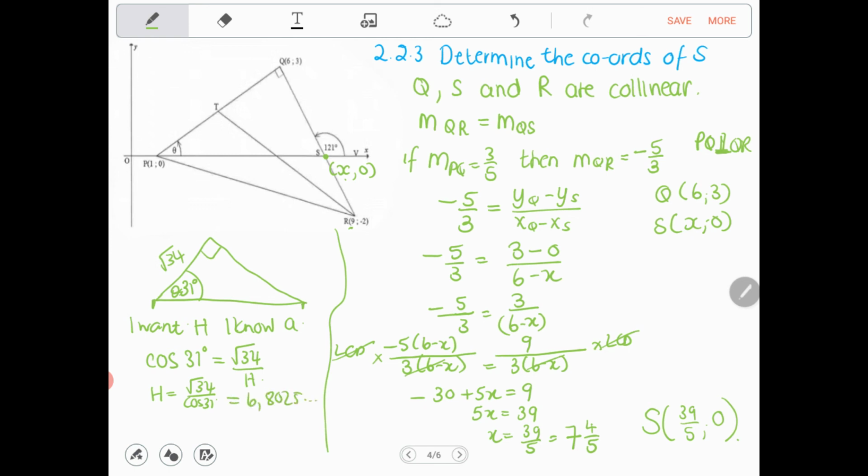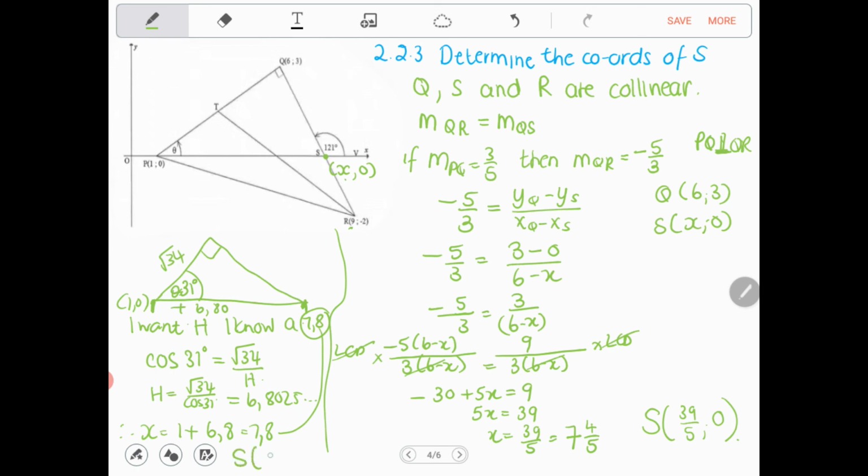And that's going to give me 6.8025. If P has x value 1 and this is 6.8, if I round it and add those together, 1 plus 6.8 would give me 7.8. Therefore, x would be 7.8.